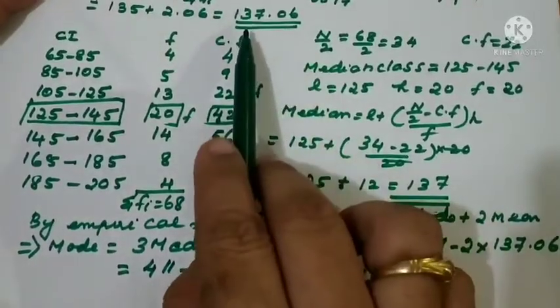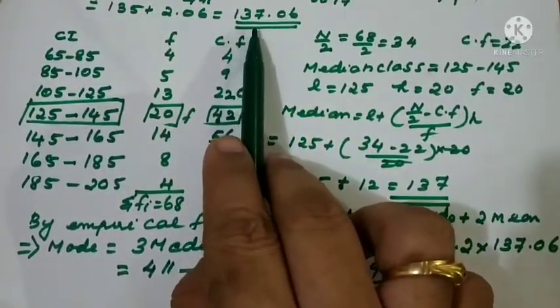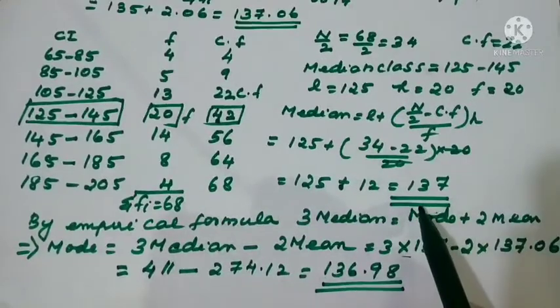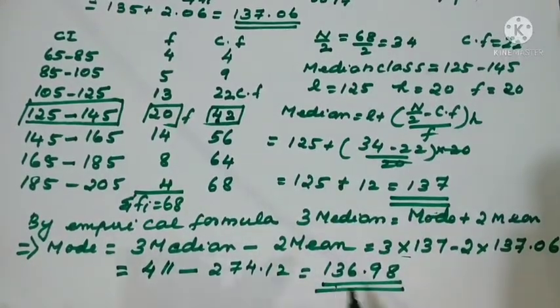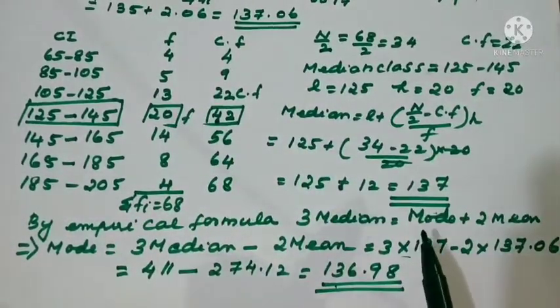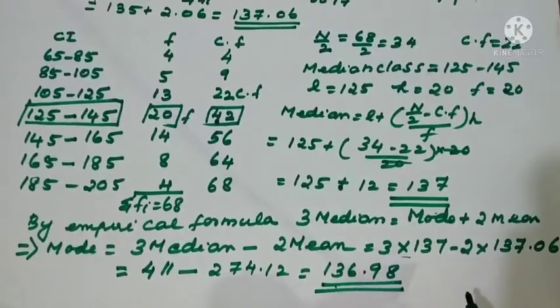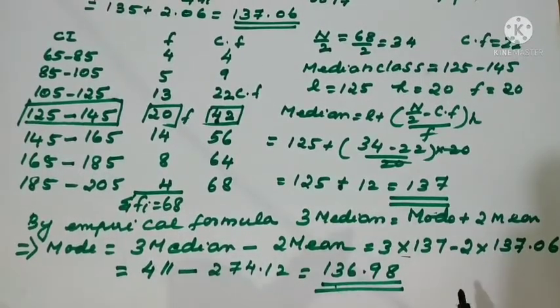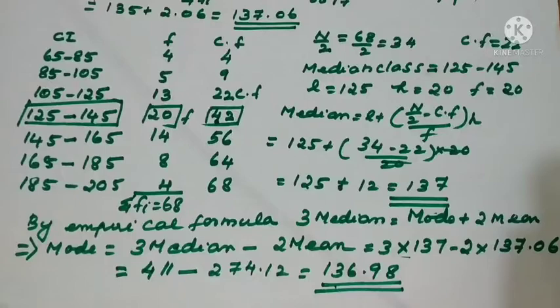Now mean equal to 137.06, median equal to 137, and mode equal to 136.98. So these are the values we got here, and more or less it is close to 137 only. So we can say that almost it is equal, because we cannot say that always mean, median, mode values are equal.